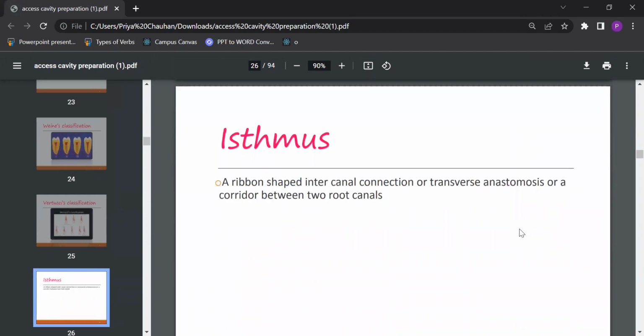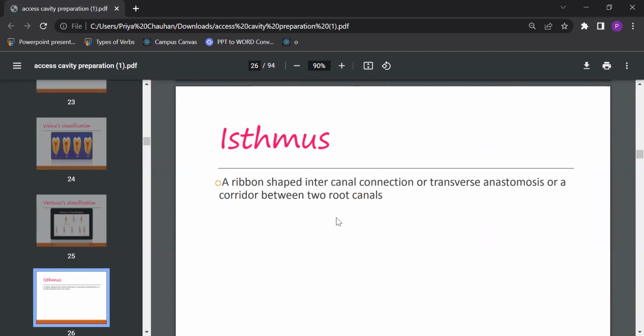So a ribbon-shaped internal canal connection or transverse anastomosis or corridor between two root canals. So first you can easily understand the word isthmus means किसी भी दो चीजों को जोड़ने वाला.